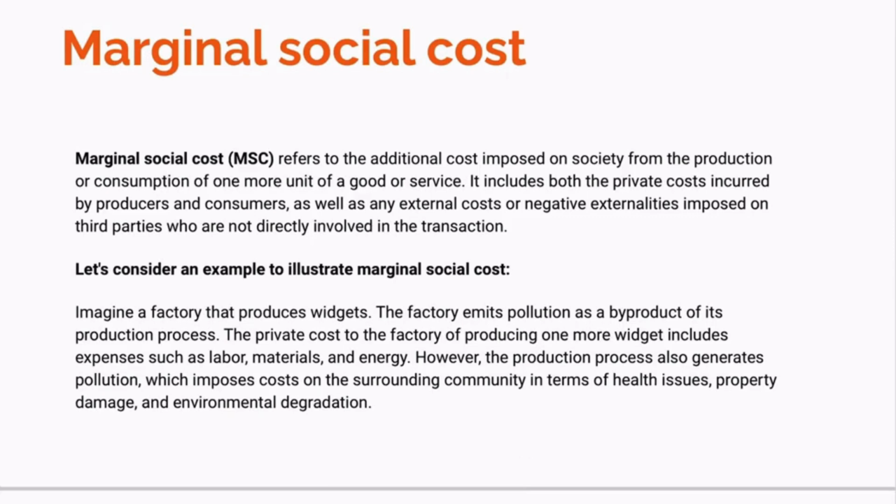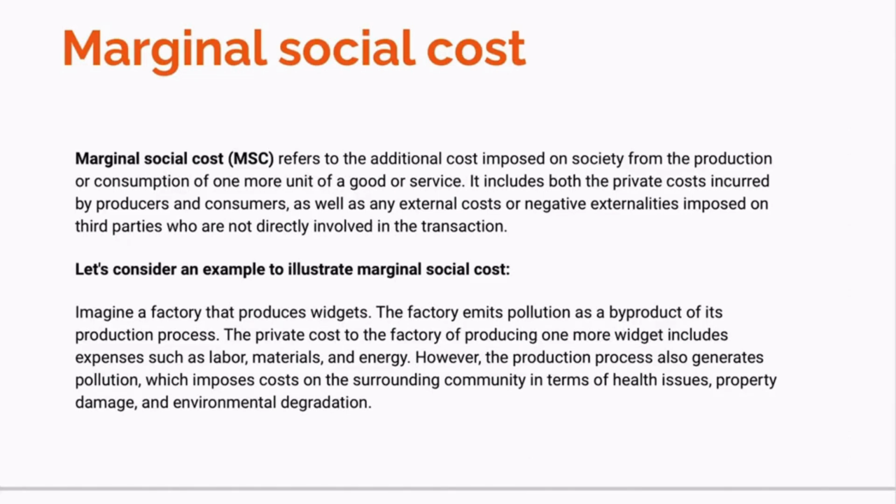So the factory would, let us say, emit some pollution as a byproduct of its production, right? And then the private cost to the factory of producing that one more product includes, what would that include? It would include the material cost, the energy cost, the labor cost, and so on, right?